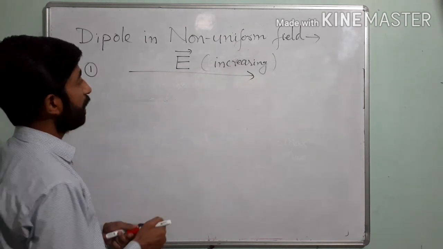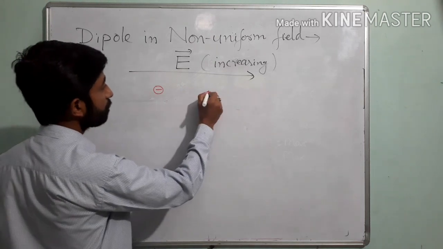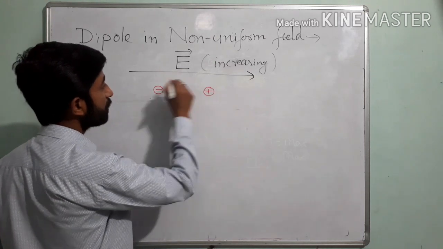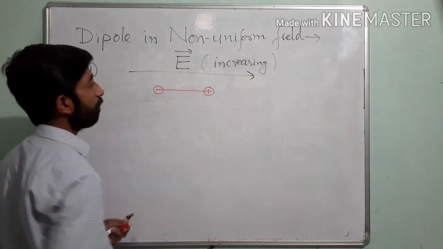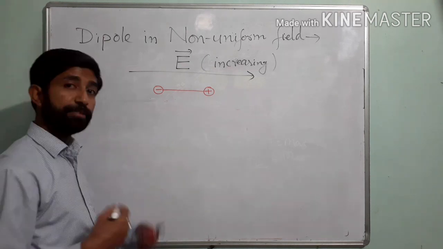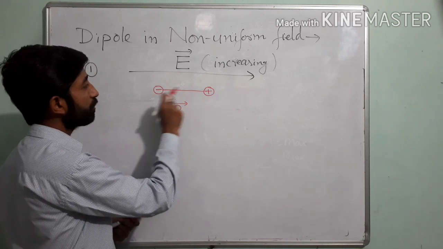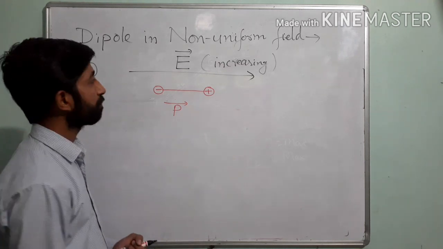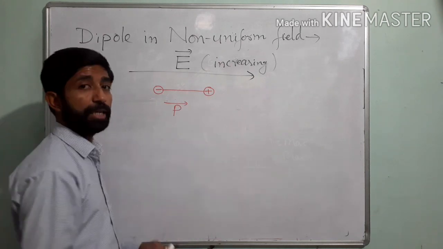Now what if an electric dipole is placed over here? This is a combination of two charges separated by a small distance 2a, and its dipole moment, as we know, is directed from the negative to the positive charge. So this is the increasing electric field and this is the direction of the electric dipole.